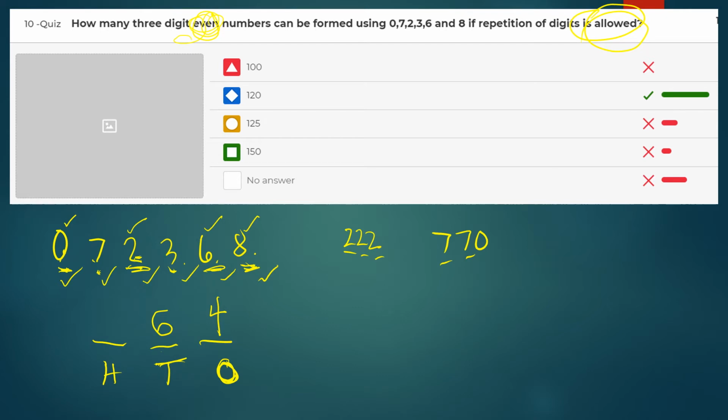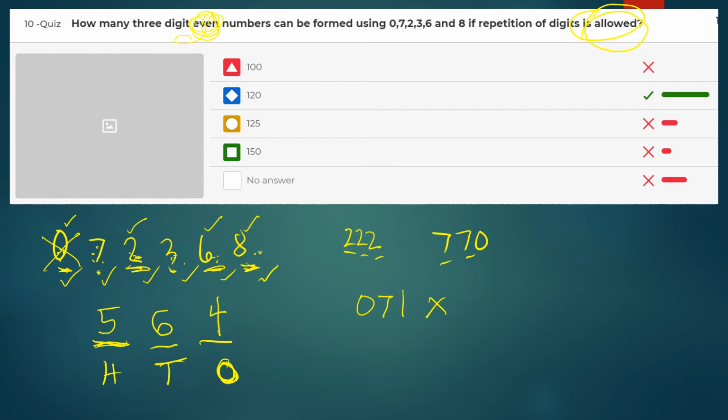Pwede ba tayong magkaroon ng 0 sa harapan? Let's say 071. 3-digit number pa ba to? Of course not. So, ang hindi natin pwedeng ilagay sa hundreds place dito sa given numbers natin na 0, 7, 2, 3, 6, and 8 will be 0. So, hindi pwede si 0. So, we can have 7, 2, 3, 6, and 8 sa ating hundreds place, and that will be 1, 2, 3, 4, 5, and that will be 5.